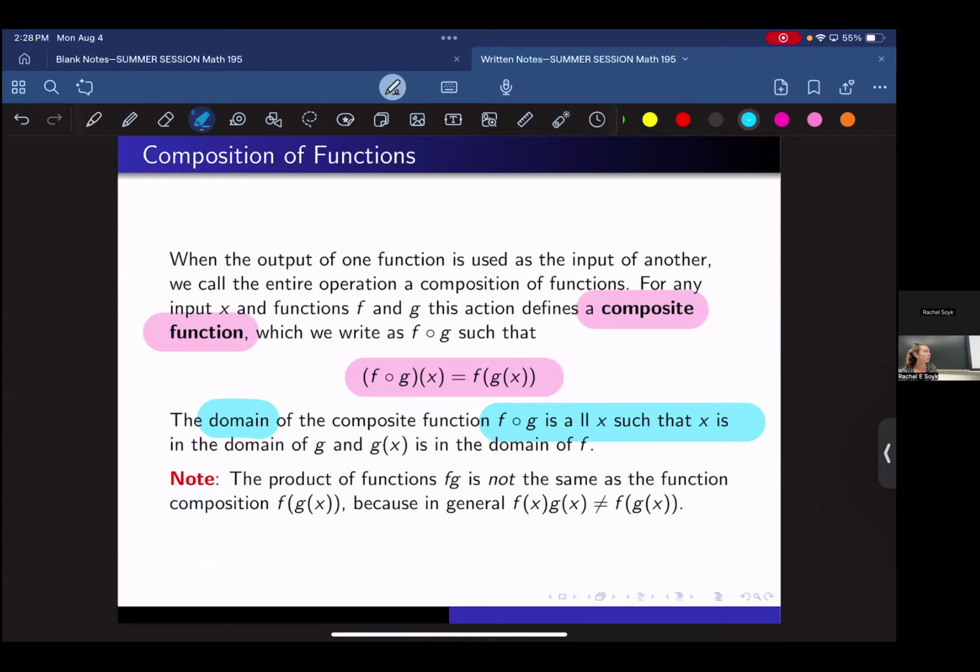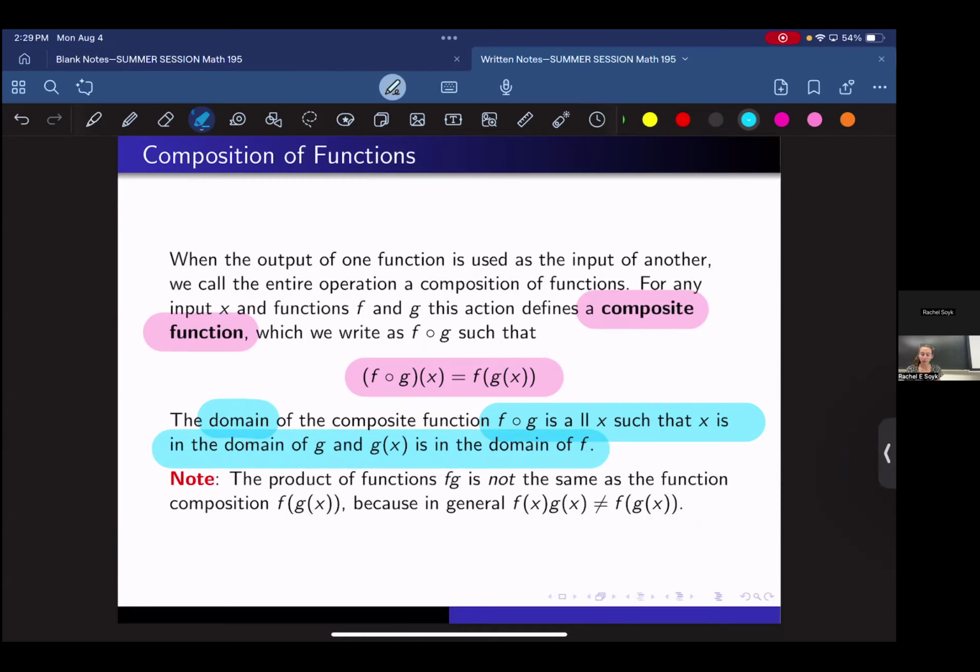So we have those two conditions that we need to be on the lookout for. We have to have our x be in the domain of g, and then we need to make sure that our g of x is in the domain of f for us to analyze the domain of the composite function itself.